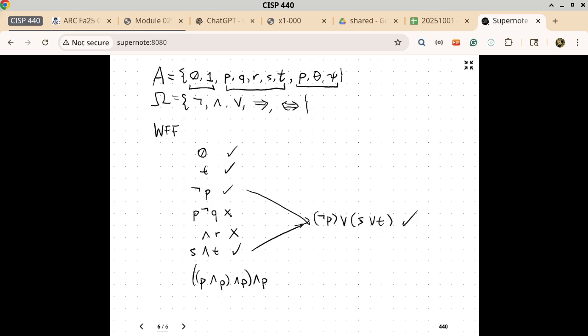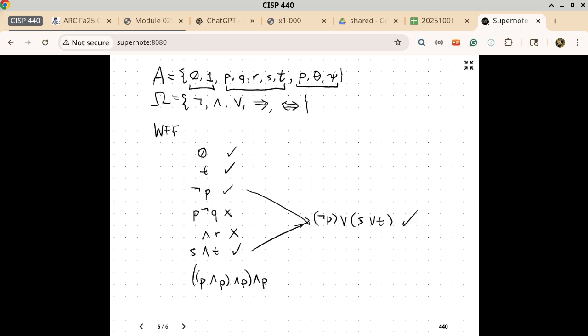So now I'm going to ask you one question, which you probably know the answer of already. How many well-formed formulae can I make using just that alpha and just that omega? Infinite, exactly. There's an infinite number of well-formed formulae. Is that okay? So we can also think of this as the space of well-formed formulae.